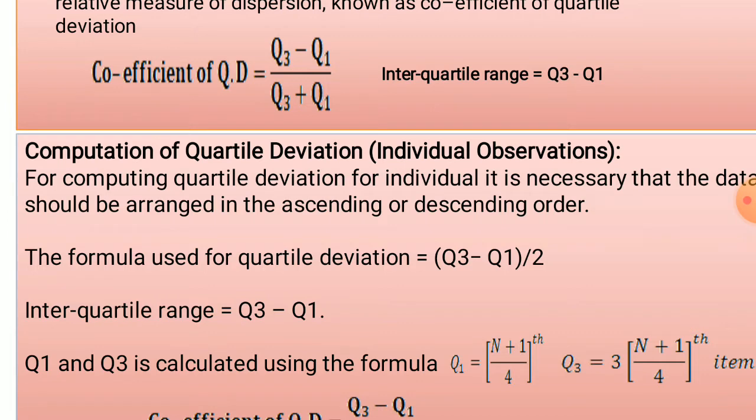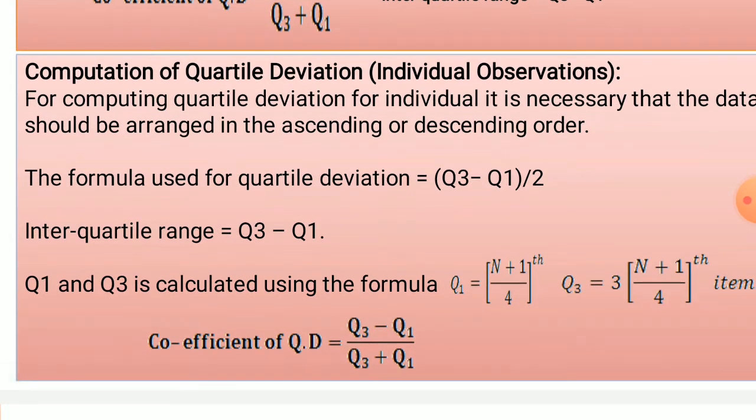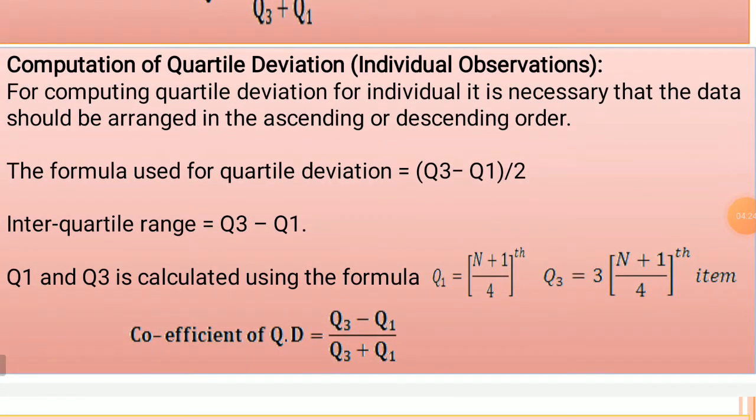For computation of quartile deviation for individual observations, it is necessary that the data should be arranged in ascending or descending order.